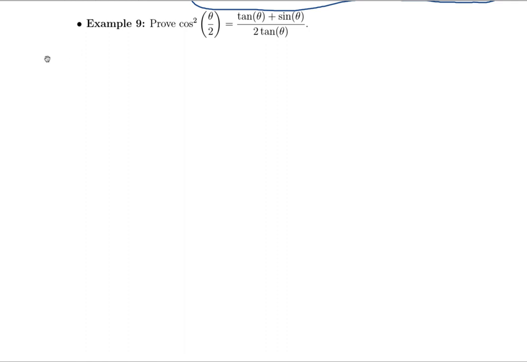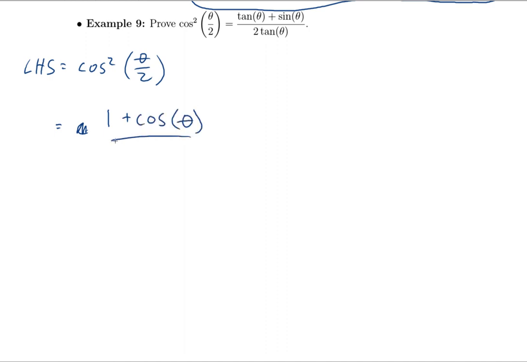So I'm going to go ahead and start with the left-hand side because I know that that's that half angle formula we were talking about. So this is going to be 1 plus the cosine of theta all divided by 2.